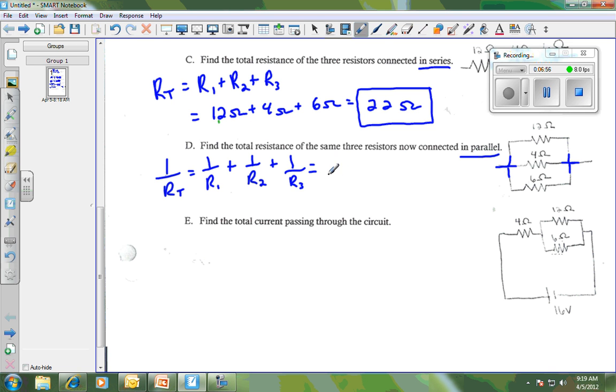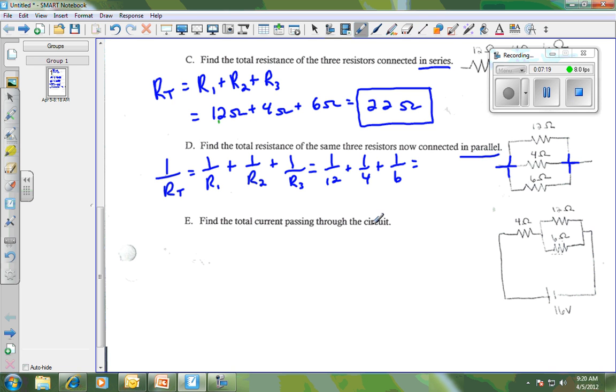Common denominator, that's right. All right, so I'm going to set them up without the common denominator, then we'll find the common denominator. So you guys can, if you're looking at this later, you can figure out what we did. So it's going to be 1 over 12 plus 1 over 4 ohms plus 1 over 6 ohms.